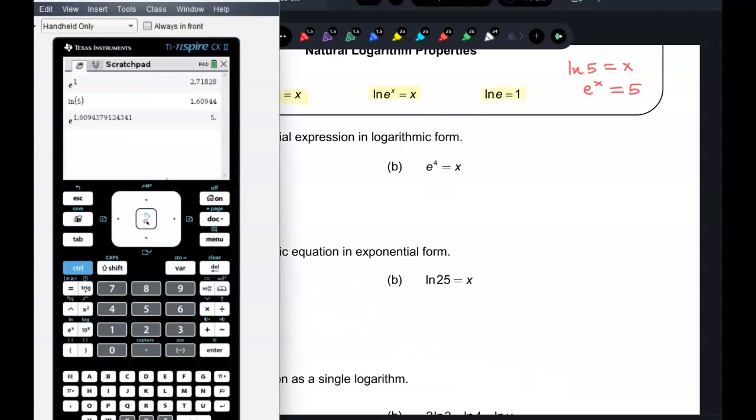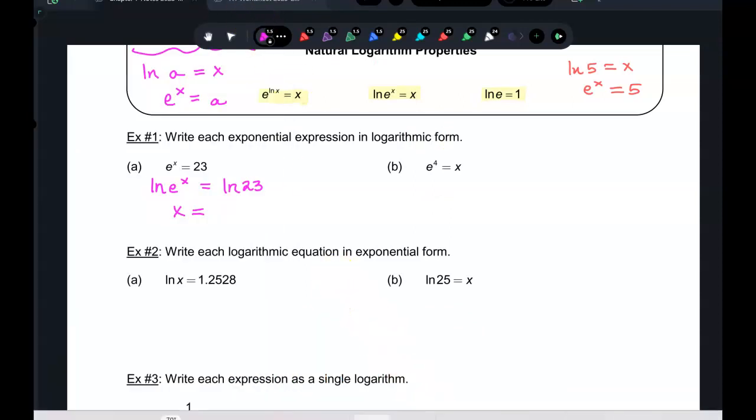Oh, you know what I just realized? We just wanted to write it in logarithmic form. So you're saying log e x? Like log base e of x. How did you just get rid of it? Isn't ln log base e?